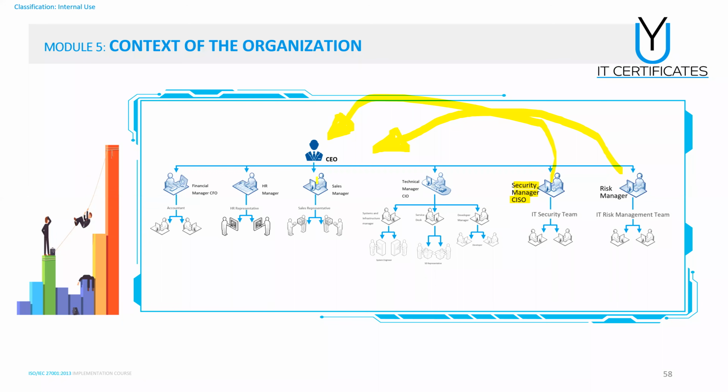The right approach is that I have to make a risk assessment, I have to understand the organization context, I have to understand the assets, their values, what are the threats, what are the vulnerabilities, and what are the appropriate controls which I need to implement in the organization.